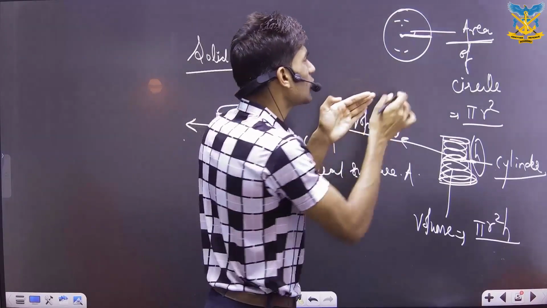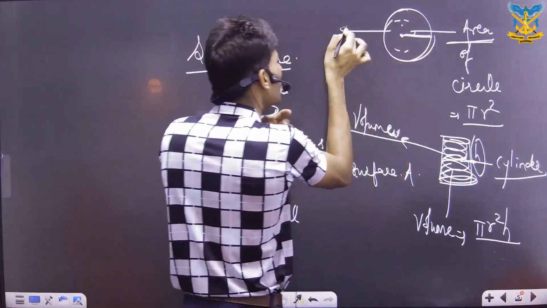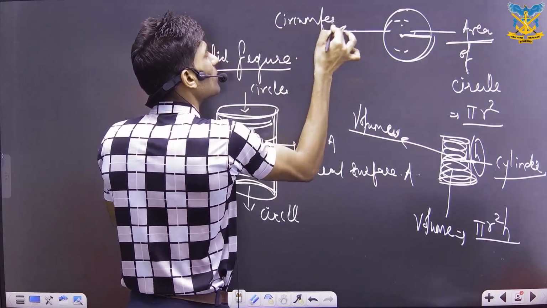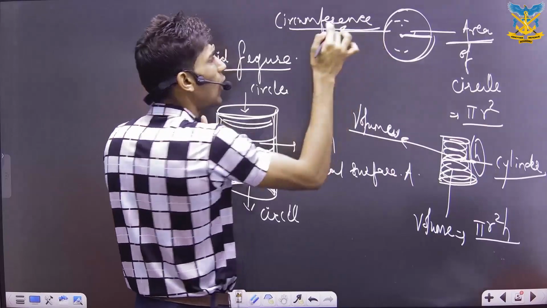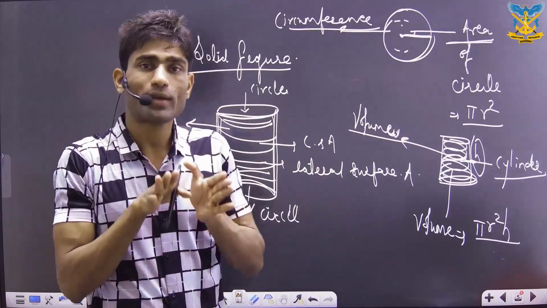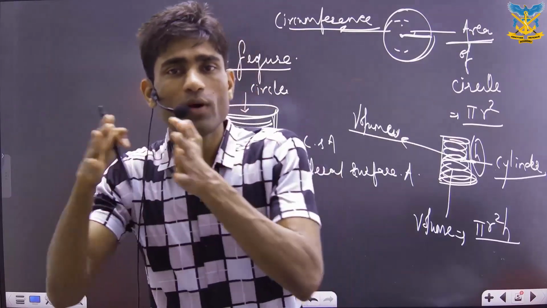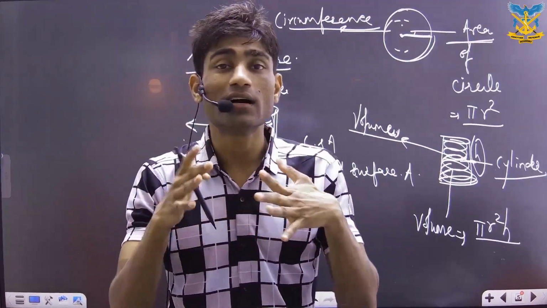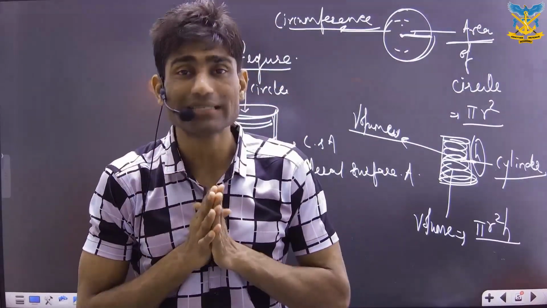In the sense of a circle, we have circumference in a plane figure. But when we convert into a 3D or solid figure, it gives us curved surface or lateral surface area.